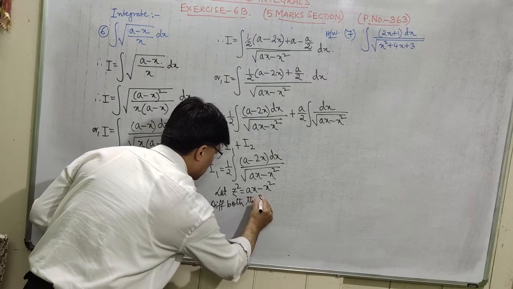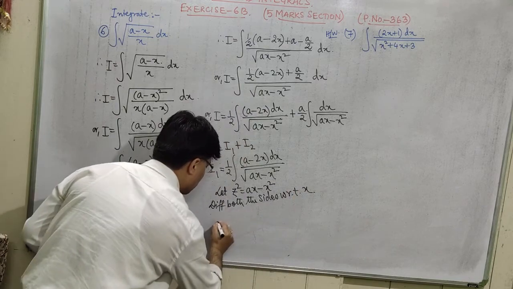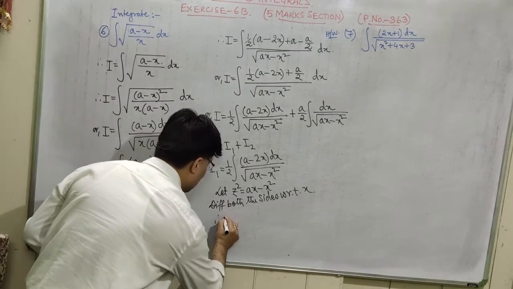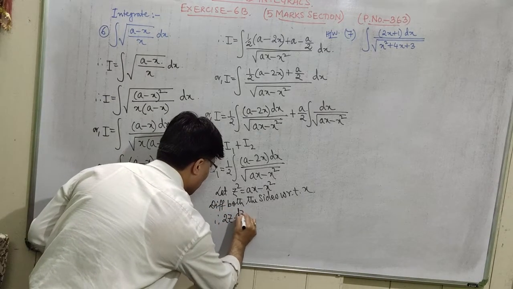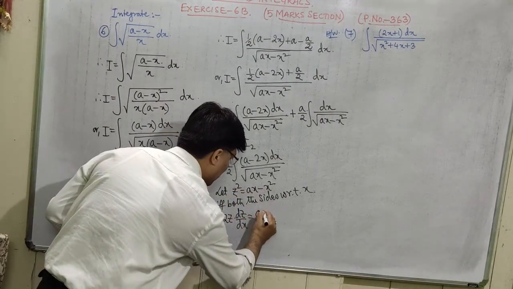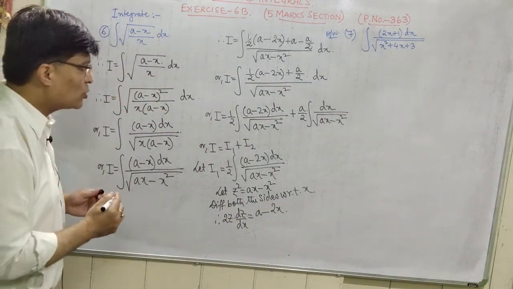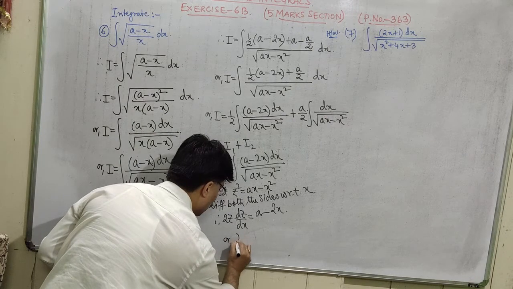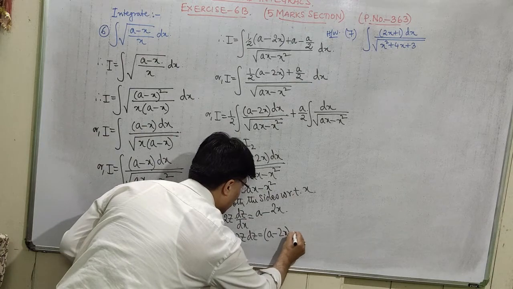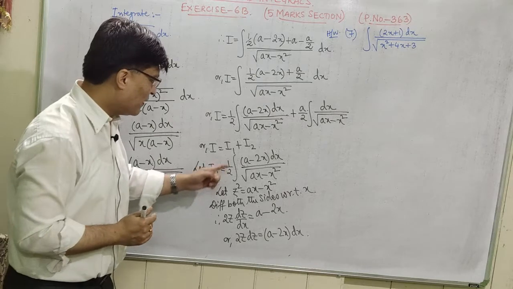Differentiating both the sides with respect to x, what is the differentiation of z square with respect to x? It is 2z dz by dx. 2z dz by dx is equal to, what is the differentiation of ax minus x square? It is a minus 2x. Now let us do cross multiplication. This is 2z dz is equal to a minus 2x, bracket closed, then dx.